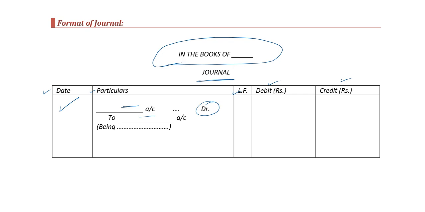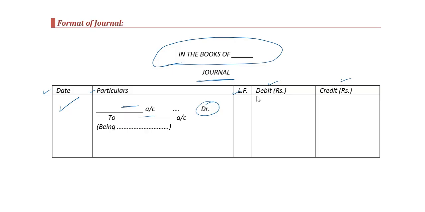Below the accounts to be debited and credited, we need to write a short description of the transaction which is referred to as narration. So the narration, which is the description of the transaction, will be written below the accounts to be debited and credited.